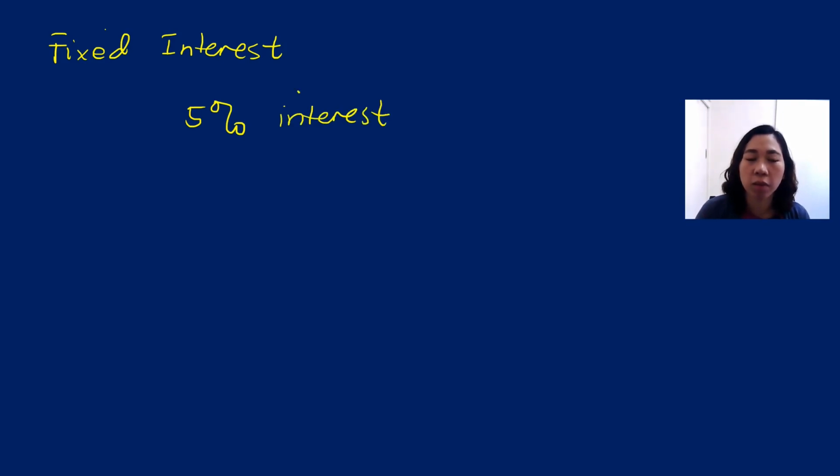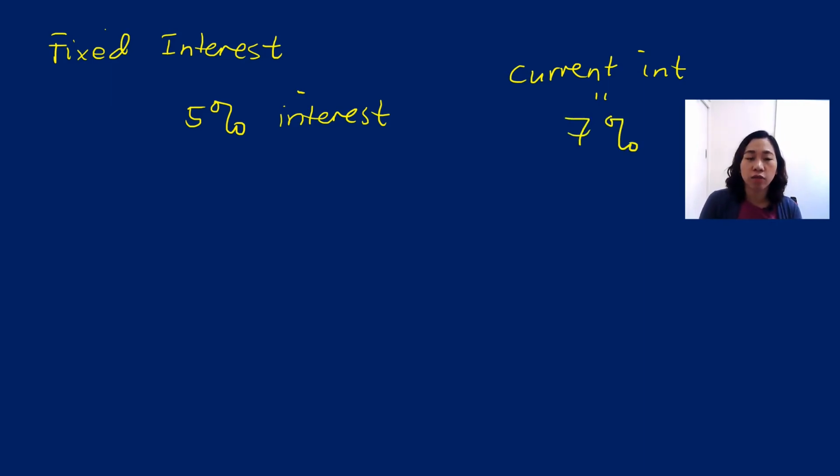Alright, class, the nice thing about bonds is that it gives you fixed interest during the duration of the bond. So, for example, the bond is giving you, let's say, 5% interest. But the current interest now, let's say, is equal to 7%. So the interest rate goes from 5% to 7%, so there is an increase in interest, right?